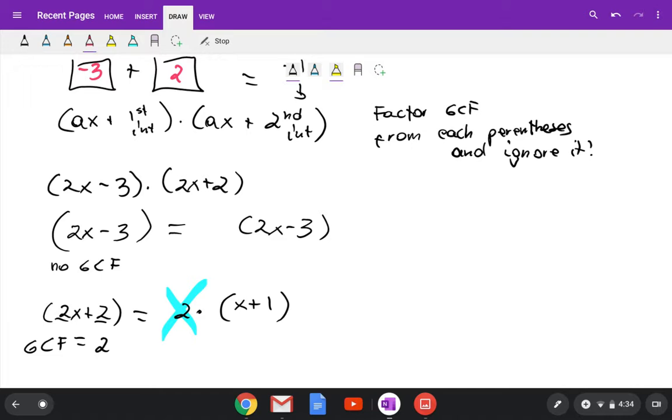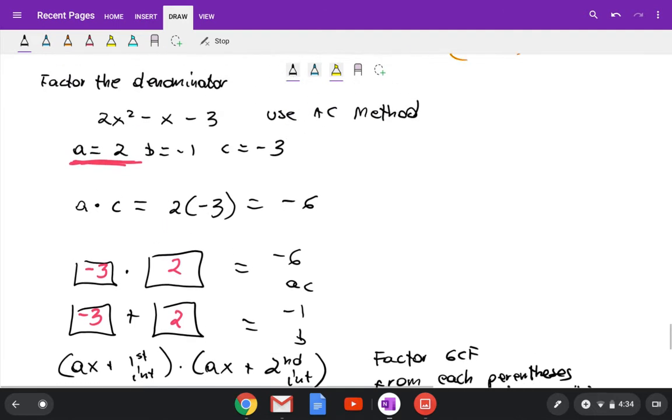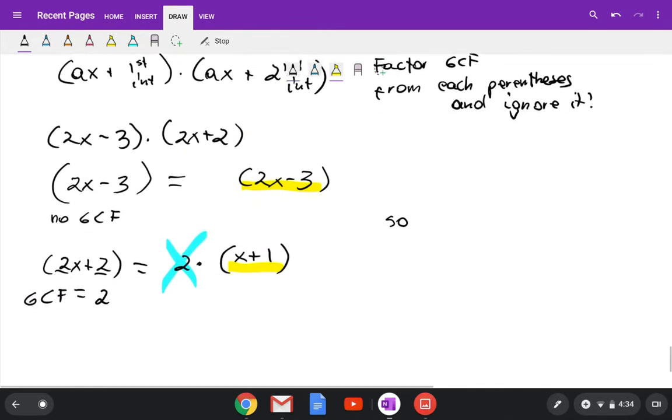So next, you're going to rewrite using those two factors. So the denominator, which is 2x squared minus x minus 3, is the same as 2x minus 3 times x plus 1.